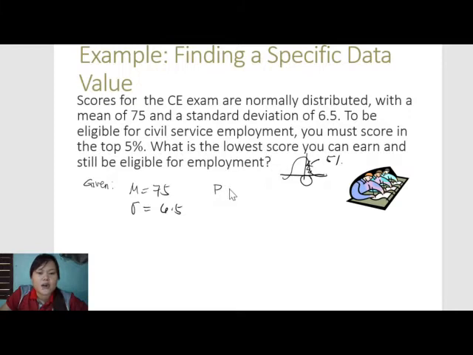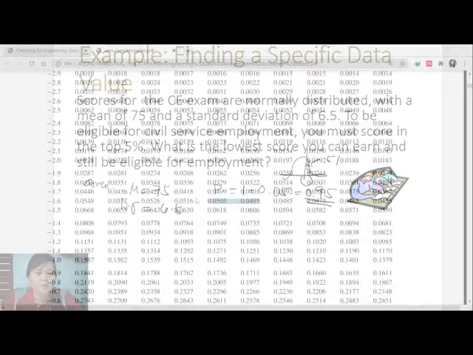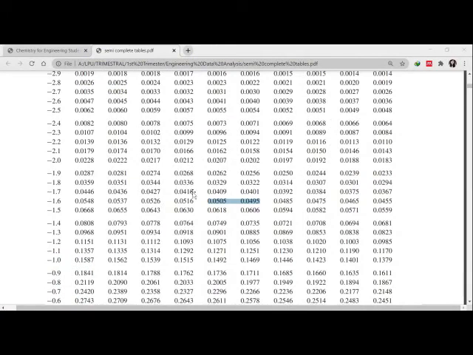Okay? So, bago natin hanapin sa table, dahil nga yan ay to the right, top 5%, to the right yan ng inyong chart, kailangan muna natin i-1 minus. 1 minus 0.05 ay 0.95. Okay? So, hanapin natin to sa table natin. Hanapin sa table, 0.95.